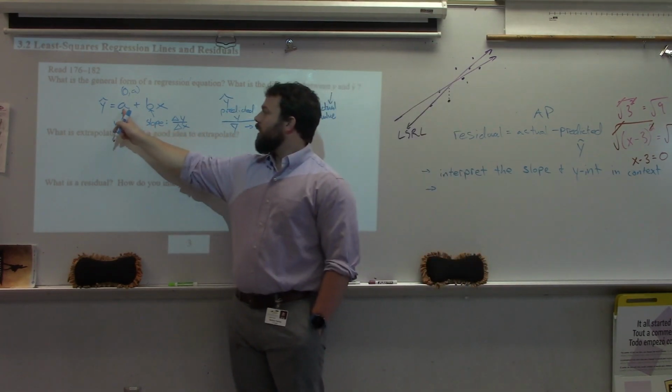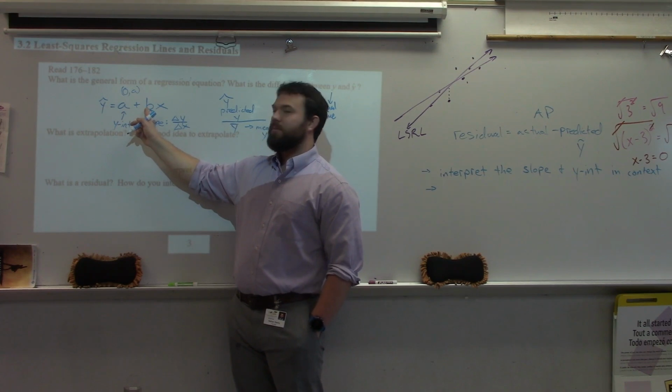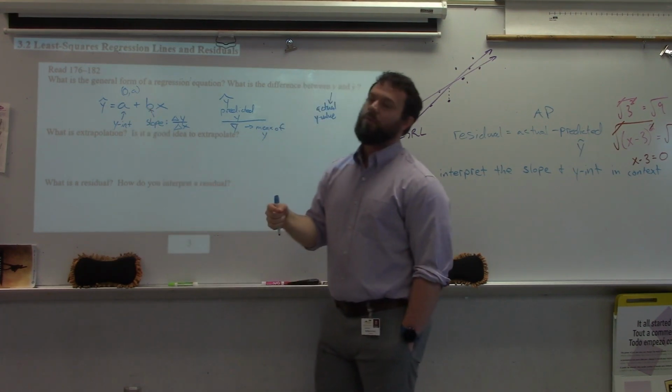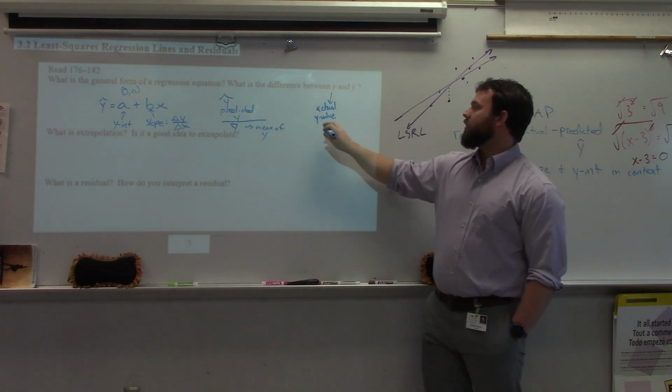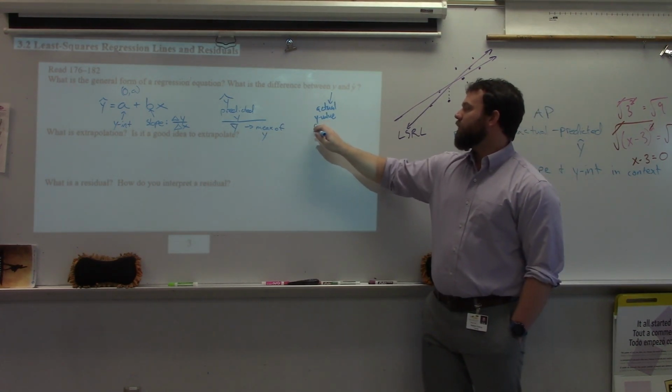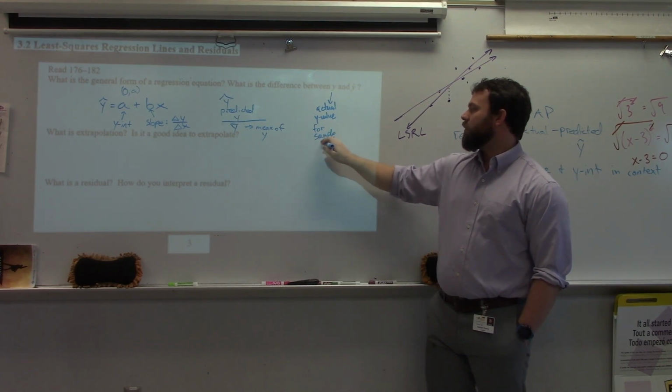A is estimating alpha, the y-intercept for the true regression equation. B is estimating beta, the slope for the true regression equation. But y is just the actual y value for sample data, right?